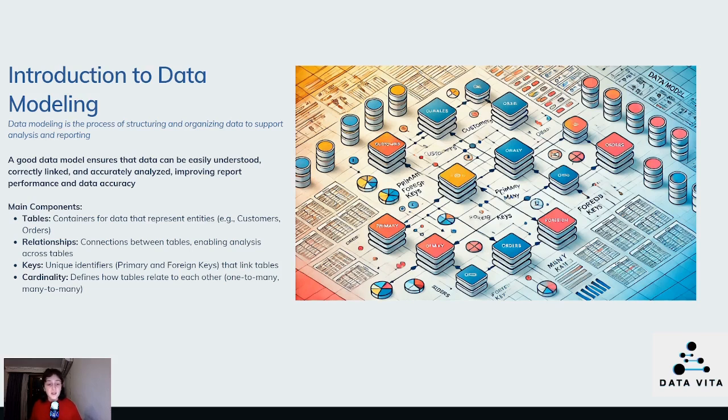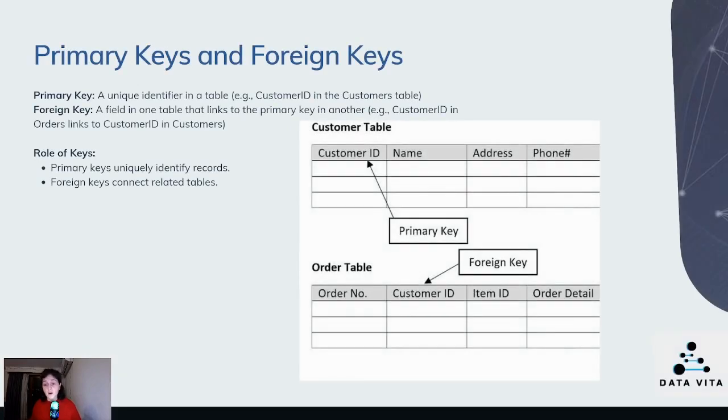We have primary and foreign keys, which are essential for data modeling and link the tables. And cardinality defines how tables relate to each other, for example, one-to-many, many-to-many, or one-to-one. Let's talk about primary and foreign keys, and next talk about cardinality.